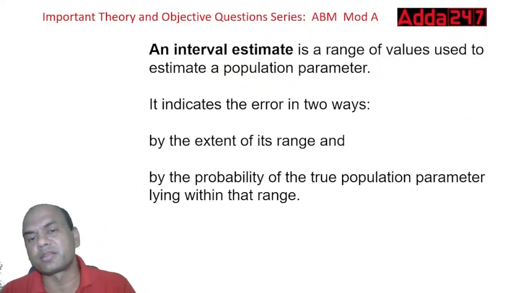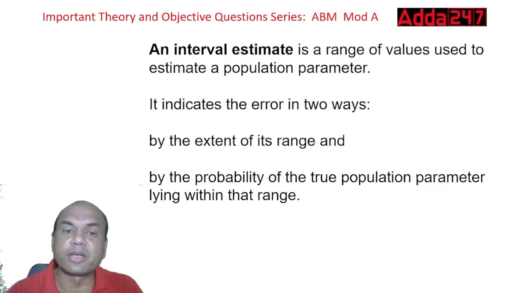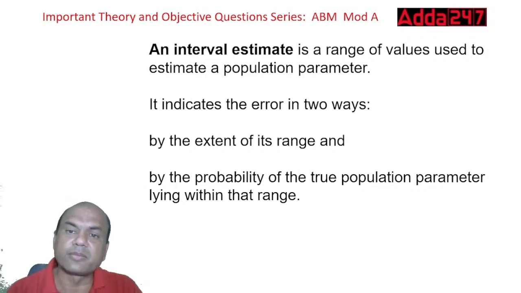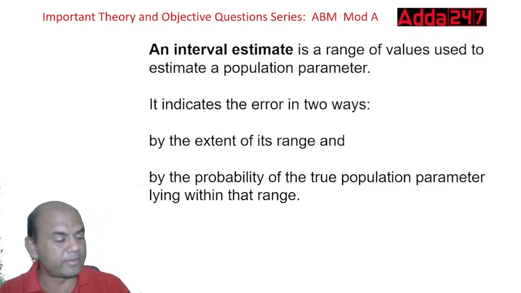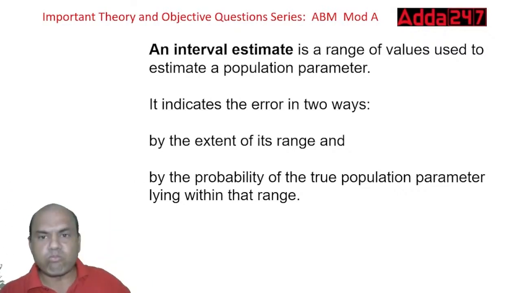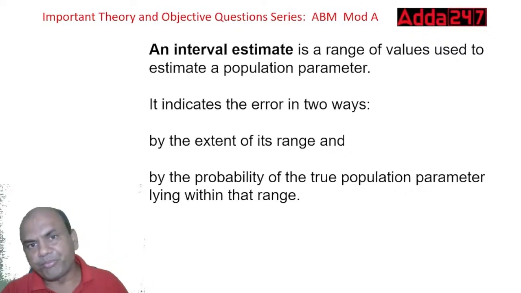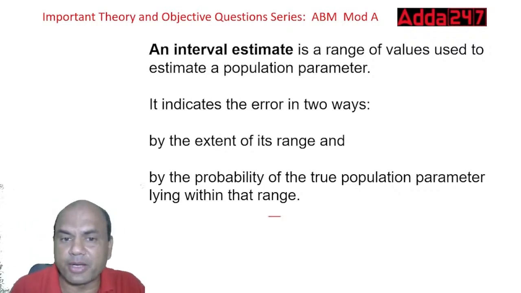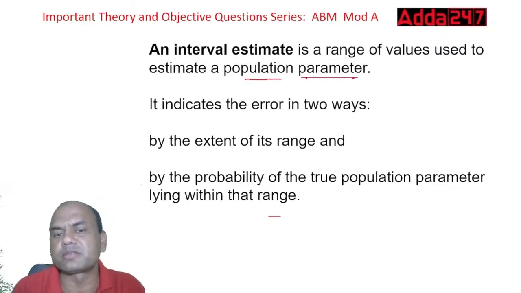Now some theory. An interval estimate. This is from the estimation chapter. An interval estimate is the range of values used to estimate the population parameter. What do you mean by this? You want the population parameter. Always remember, the word parameter is attached to population.